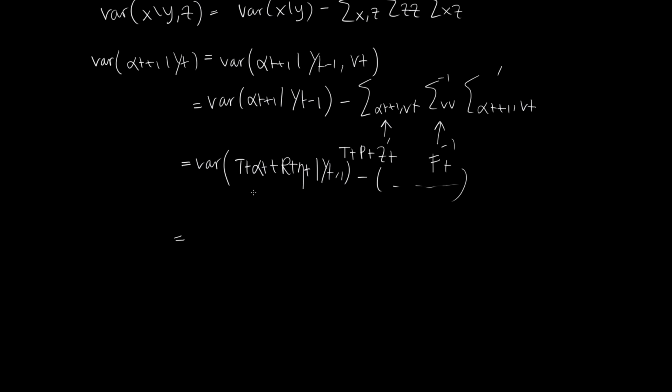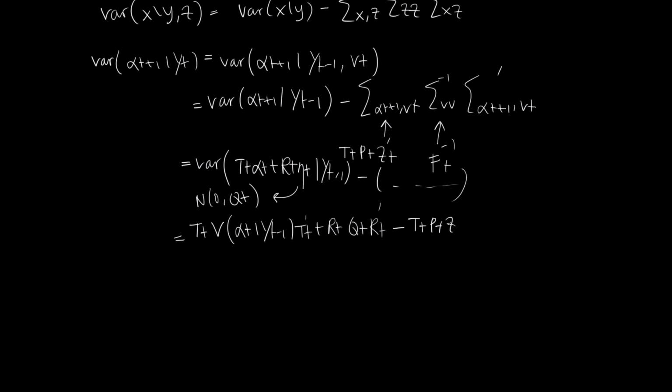Because these two are independent, we can just write T_t times the variance of alpha_t given Y_{t-1}, T_t prime, plus R_t Q_t R_t prime, because eta was distributed as normal with 0 and Q_t, minus T_t P_t Z_t prime, which is this part, F_t inverse, which is this part, and now we get this part primed. We get Z_t P_t prime T_t prime.